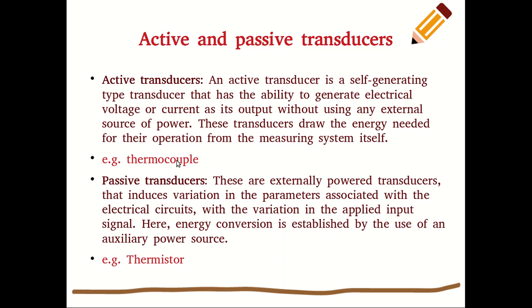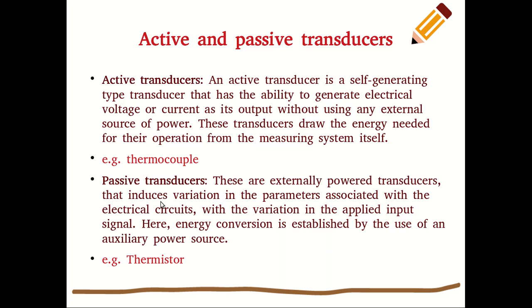Another class which depends on whether external energy is required or not is the passive transducer. These transducers are also known as externally powered transducers. These transducers convert input signal into output signal with the help of some auxiliary source, some other source.